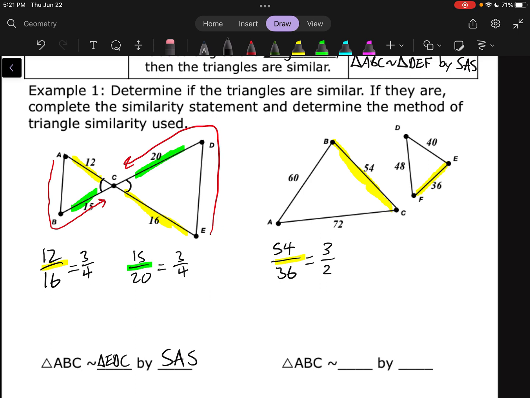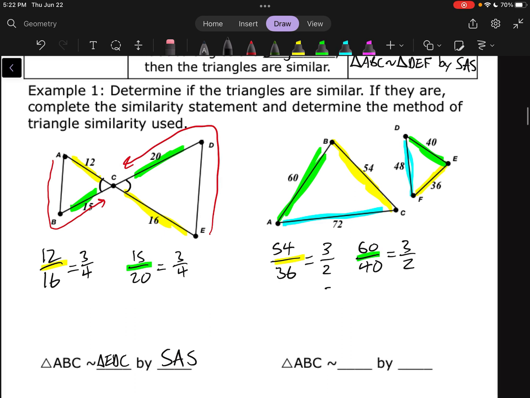Okay, now let's move to the next smallest sides, 60 with 40. 60 over 40, both divisible by 20, that would be 3 over 2. Okay, we're looking good. So far we got the same thing. And then 72 over 48, that's both divisible by 24.